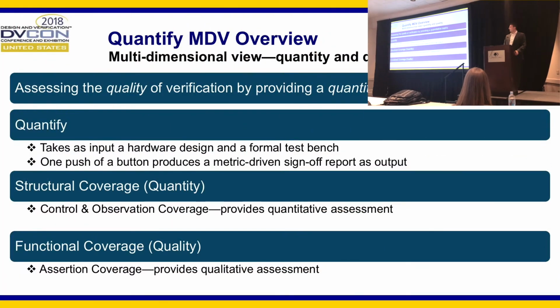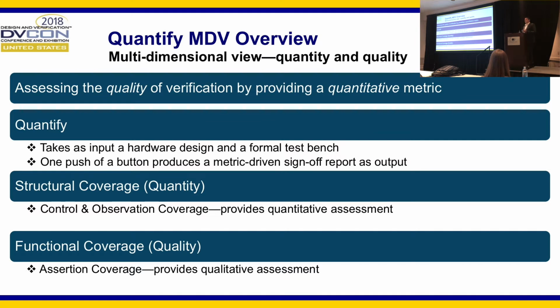So going further into quantify, basically what you want to do is take as input your design and your assertion set, and you want to be very quick and, with a push of a button, get some metrics which are human readable and meaningful to you as a user.